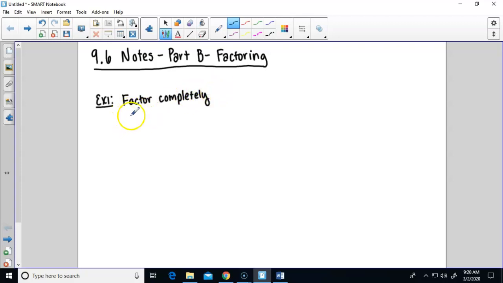And we are going to have 12x to the third plus 26x squared minus 56x.